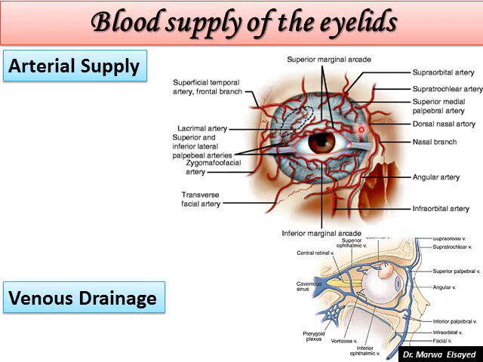This is the main blood supply of the superior and inferior eyelids. The lateral palpebral artery arises from the lacrimal artery, which originates from the ophthalmic artery, but the medial palpebral artery comes directly from the ophthalmic artery.